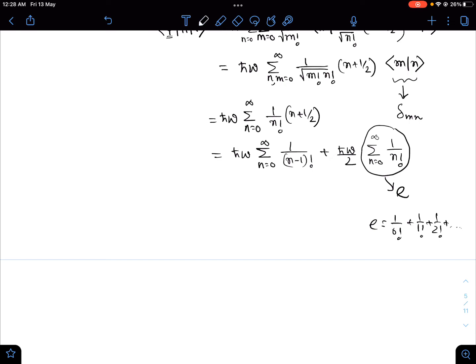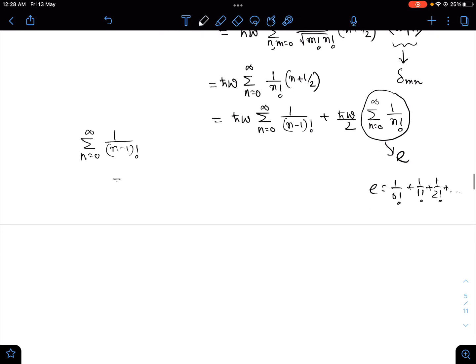And what about the first term? We have the sum over n from 0 to infinity of 1 by (n minus 1) factorial. We can write this as the sum over m from 1 to infinity of 1 by m factorial, where m is n minus 1.